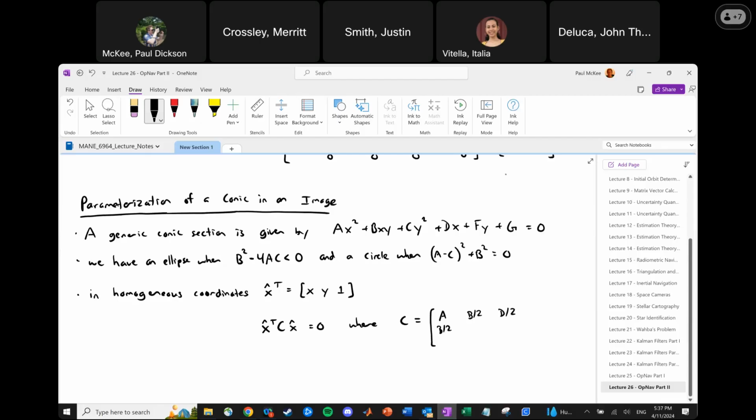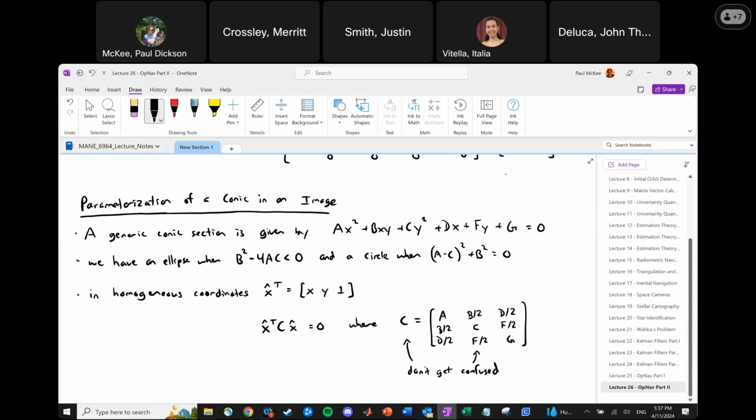It's going to be symmetric. c, f over 2, d over 2, f over 2, and g. And this is where the matrix C contains the scalar c. So we're just going to say, don't get confused. That'll be the end of that.